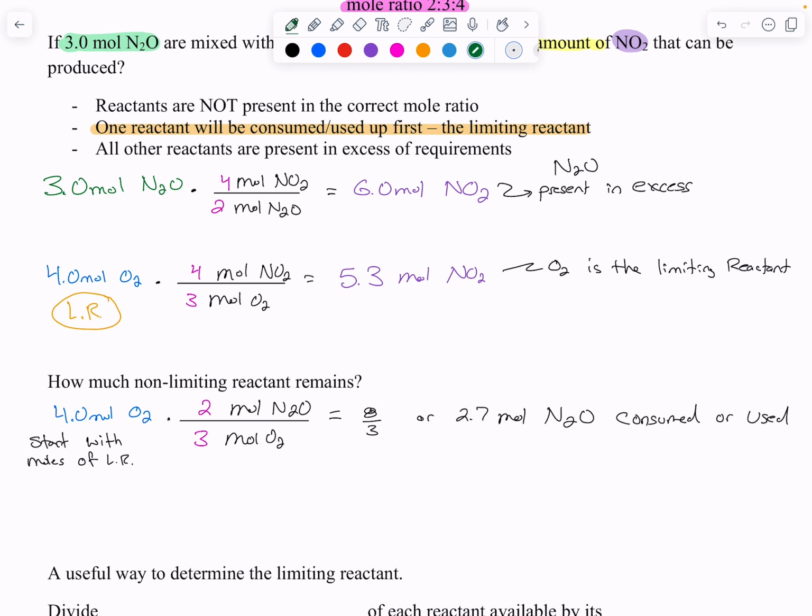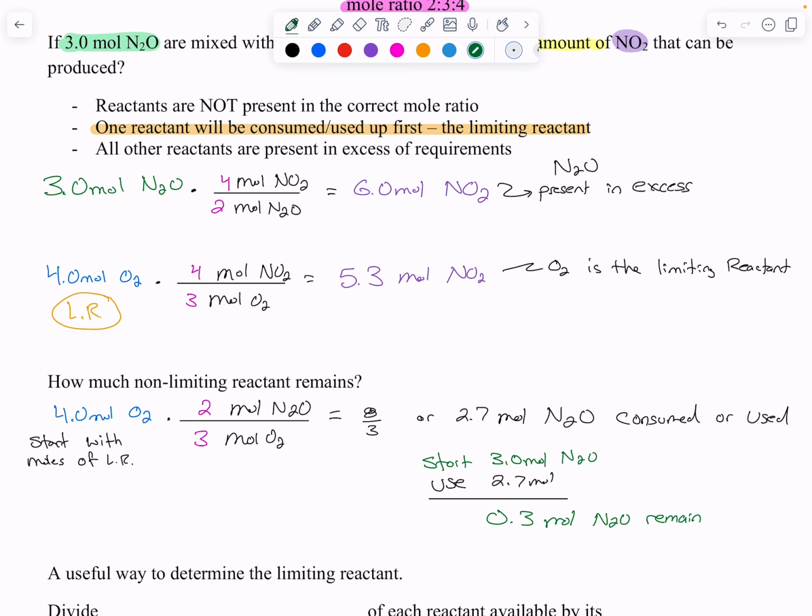Since we start with 3.0 moles of N2O and we use 2.7 moles, that means 0.3 moles N2O remain, or we have that much excess.